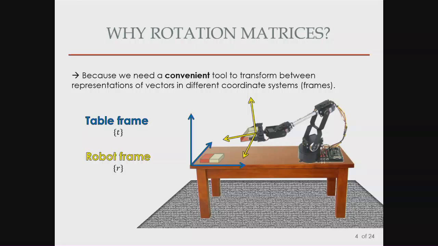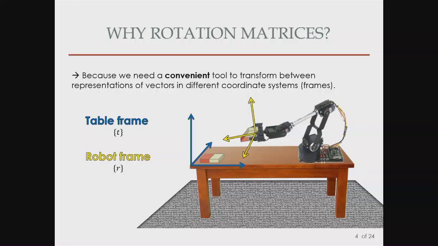If you find it convenient to express the vector in one coordinate system, we are asking ourselves here, how can we express the same vector in another coordinate system?